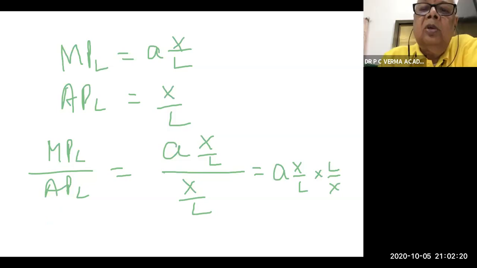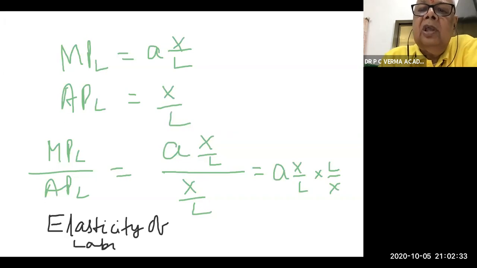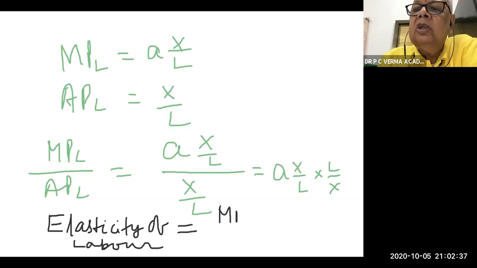So the elasticity of labor is equal to marginal productivity of labor by average productivity of labor.